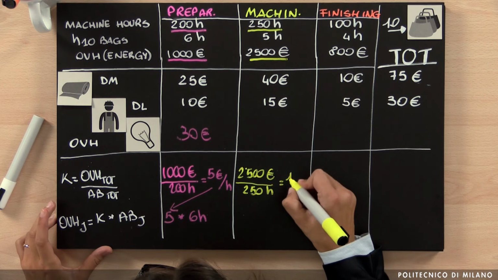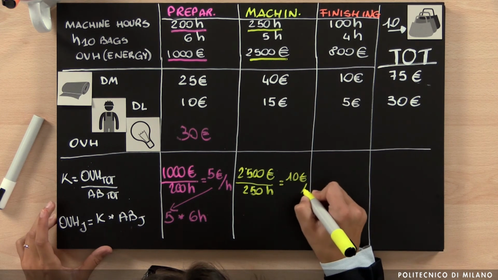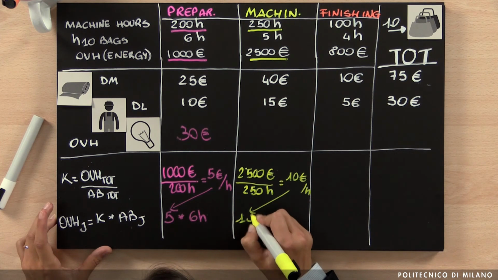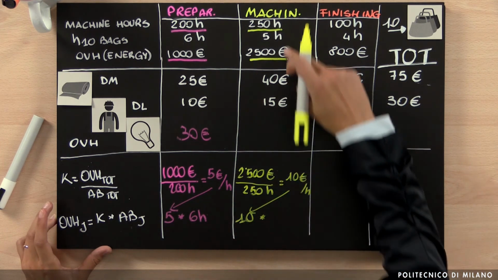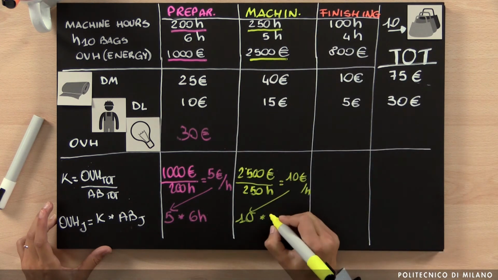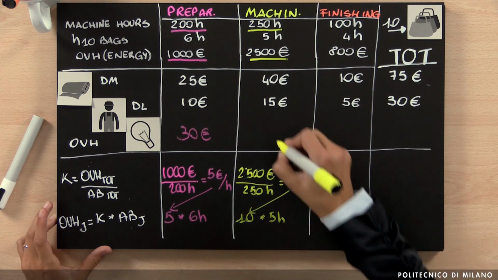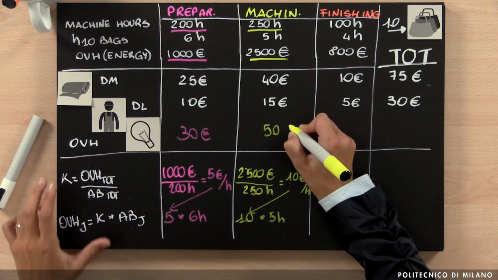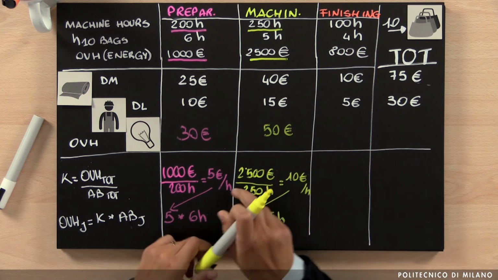So that we obtain a value of 10 euros per hour. If we multiply this K of 10 euros per hour by the number of hours of usage of the machine by the job, which is 5 hours, we will obtain 50. That is the portion of the energy which is assigned to our job within the machining department.